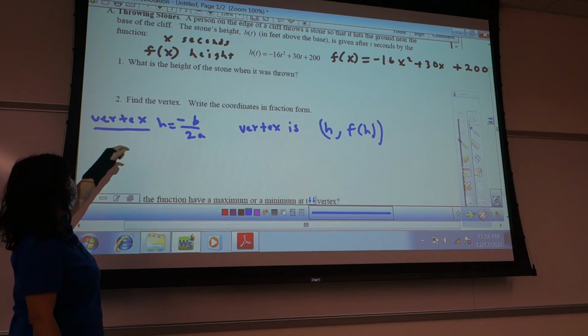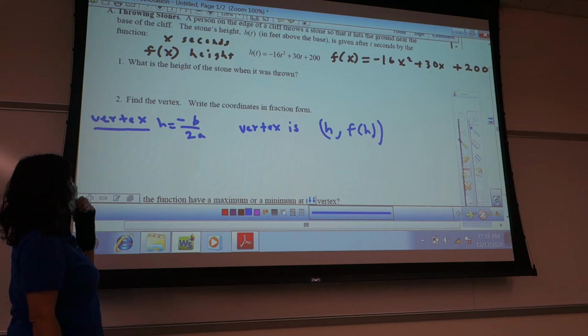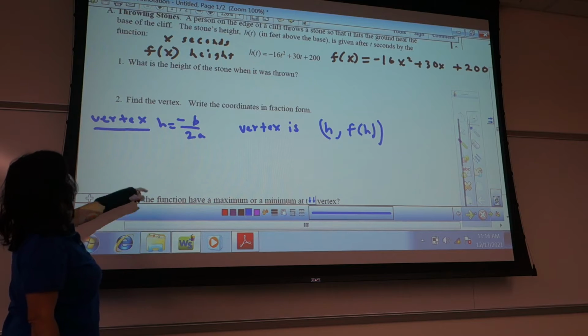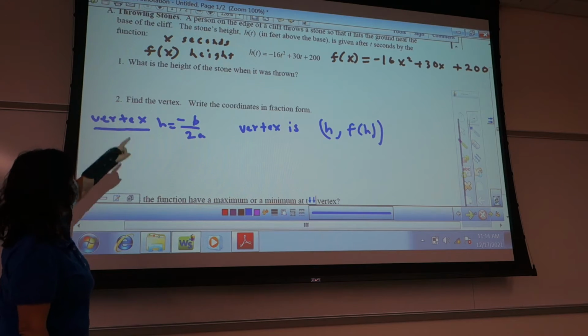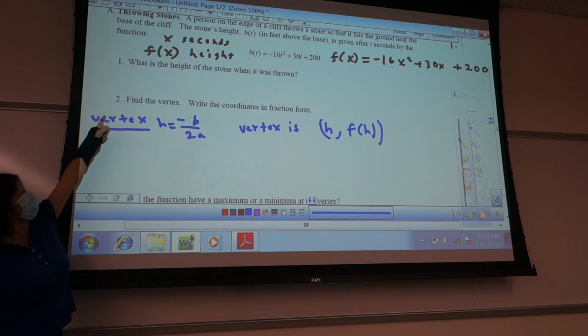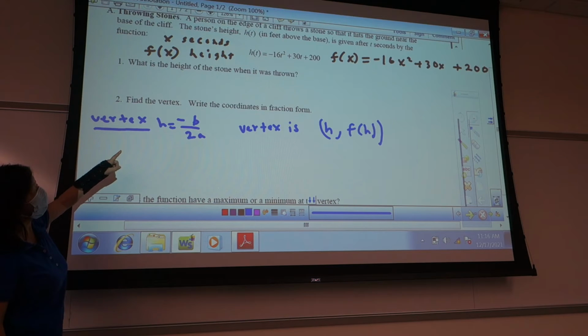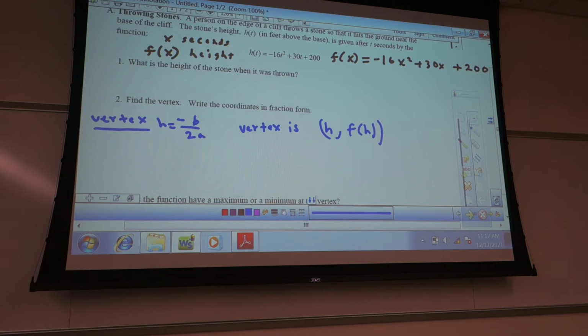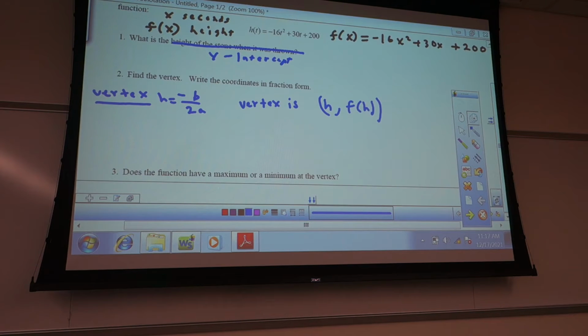Then I want you to answer 2 questions. One is, what's the height when it was thrown? Sorry, I don't care about that. I'll ask, what is the Y-intercept? I'll ask you, does it have a minimum or maximum?